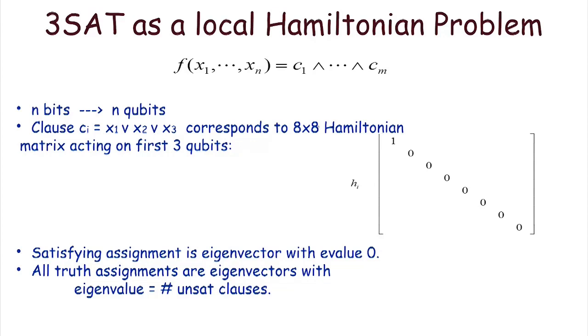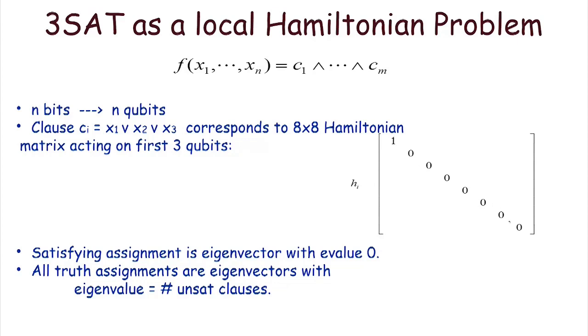So that corresponds to a Hamiltonian that acts on the first 3 qubits, and it acts like this. This is what the Hamiltonian looks like. It's an 8 by 8 matrix, and it assigns an energy penalty of 1 if this clause is not satisfied. So the only assignment that fails to satisfy the clause is 0, 0, 0, and so you assign a penalty of 1 there, and zeros otherwise.